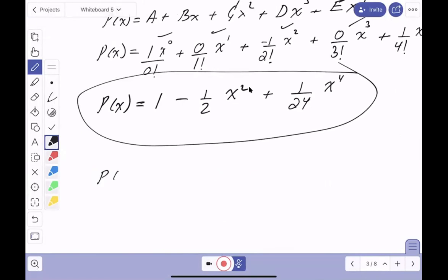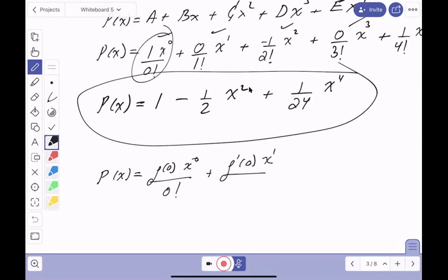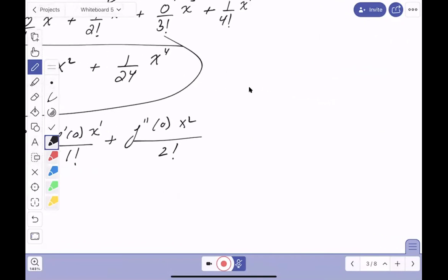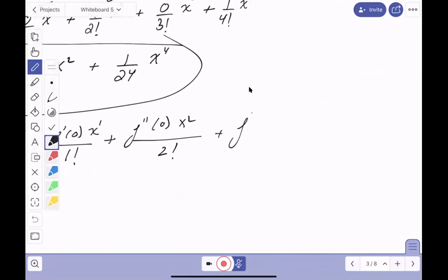Again, I'm not saying it's perfect, but this looks like f of 0, x to the 0 over 0 factorial, that's this term, plus f prime of 0, x to the first power over 1 factorial, plus f double prime of 0, x squared over 2 factorial, plus f triple prime.